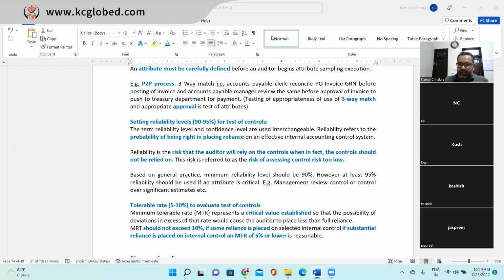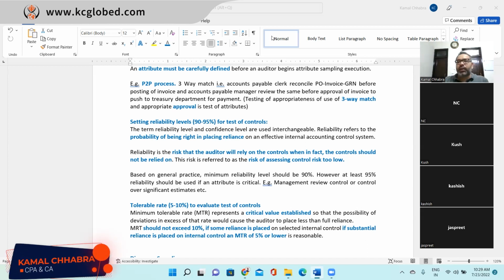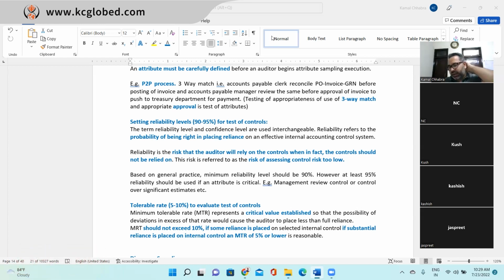That means it is a risk that you are accepting the wrong population, relying on the controls and making the control risk low, whereas in the actual population there are certain misstatements. Make sense? That is called detection risk, right?